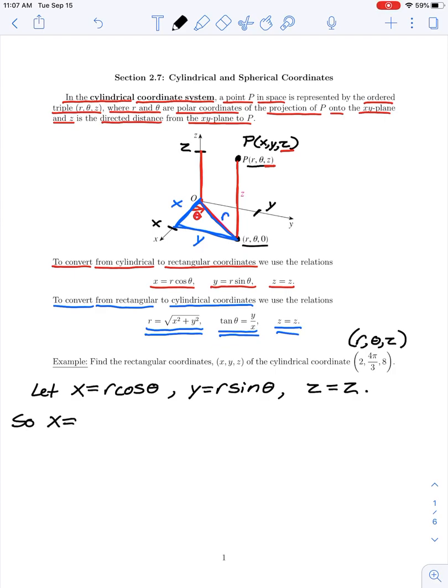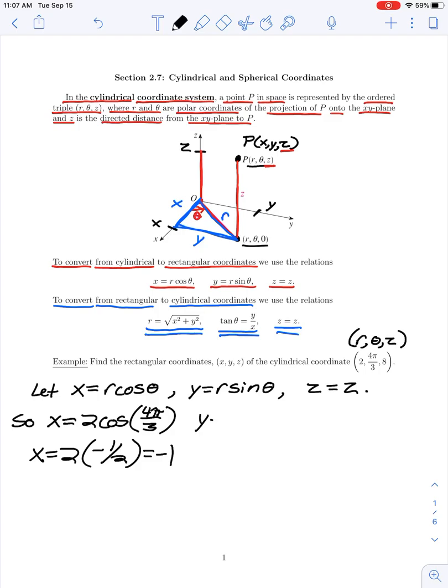X would be equal to r, which was 2, times cosine of theta, which was our 4 pi over 3. So simplifying a little, we have 2, and then cosine of 4 pi over 3 is negative 1/2. So we have an x-coordinate of negative 1.